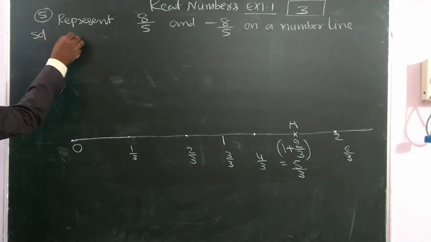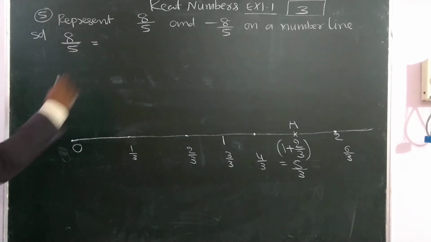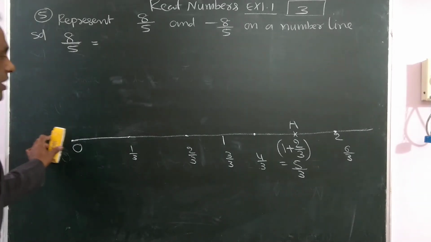Solution. First I will represent 8 by 5. If I represent 8 by 5, representing minus 8 by 5 will be easy because it is the same value, only on the minus side. So how to represent 8 by 5 on a number line?